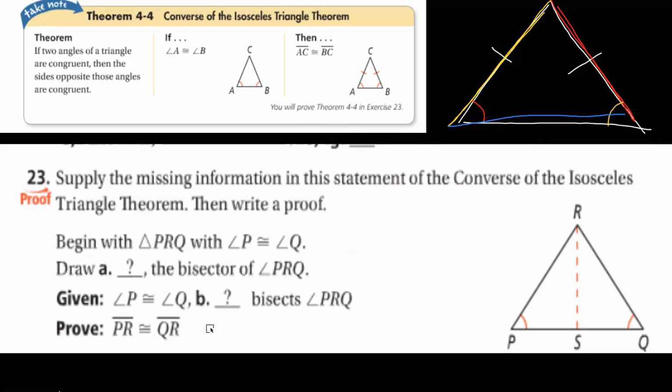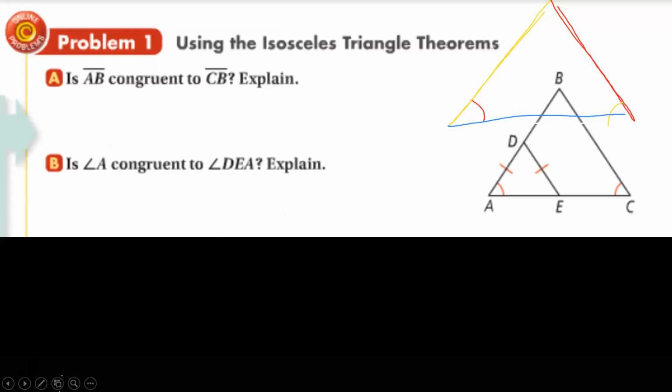For this triangle, as you see now, if the red angle is congruent to the blue angle, and these two angles are congruent, then I can conclude that the two opposite sides, the yellow and red, are congruent too. We said it is the converse of the first theorem, and we proved it also.